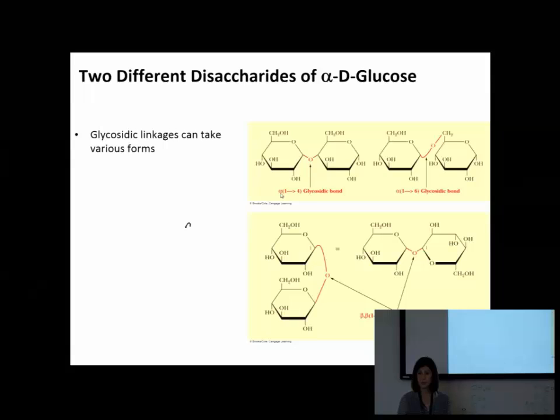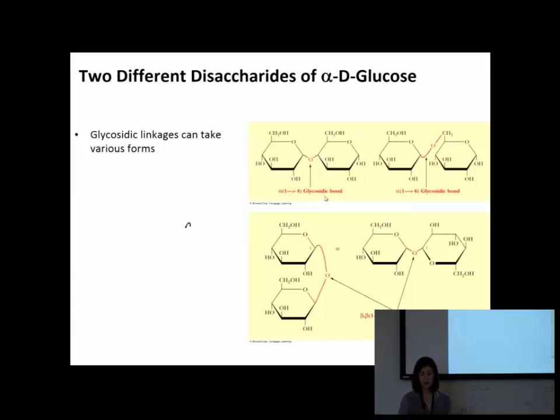So this is alpha because this is pointing down. And then you number it. First you number the carbon that is the anomeric carbon on the first sugar, and then you number the carbon that the OH has bonded to. So here, this is carbon number 1 on this sugar, and this is carbon number 1, 2, 3, 4 on this one. So this is an alpha 1,4 glycosidic bond.